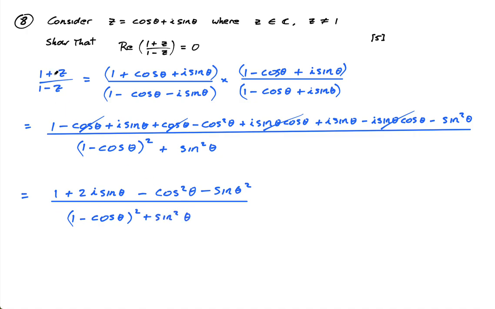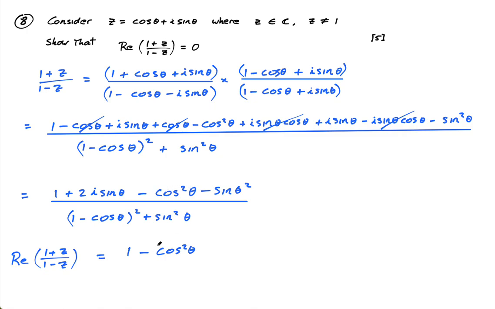Okay, so this is 1 plus z over 1 minus z. What I want to find is the real part of 1 plus z over 1 minus z. So the real part would mean it's this without this imaginary part. So the real part is just 1 minus, and I'm actually going to factorize it at this point, guys.